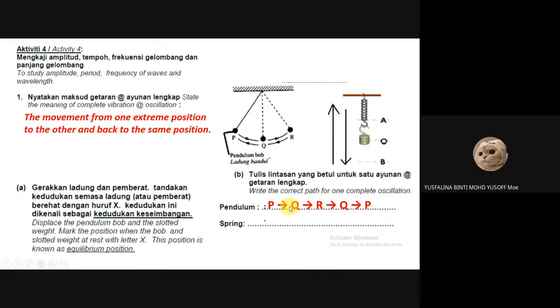So this one asks you to write the correct path for one complete oscillation. It starts with P Q R and goes back R Q P. That is called one complete oscillation. So let's say for the spring, can you give me the correct path for one complete oscillation for the slotted weight?